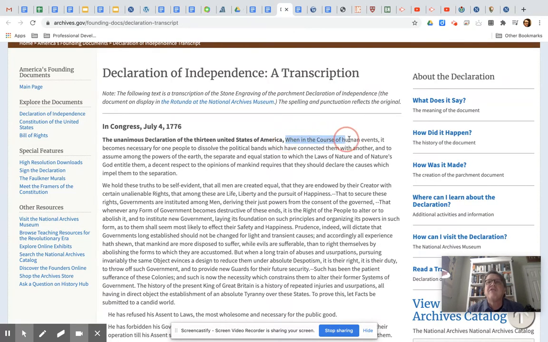When in the course of human events it becomes necessary for one people to dissolve the political bands which have connected them with another, and to assume among the powers of the earth a separate and equal station to which the laws of nature and of nature's God entitle them.